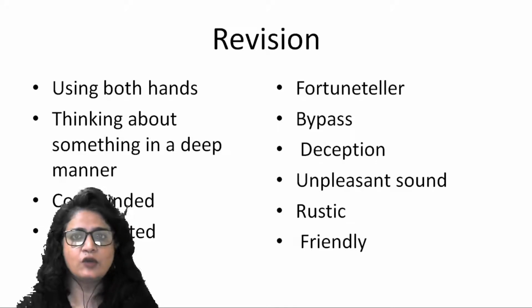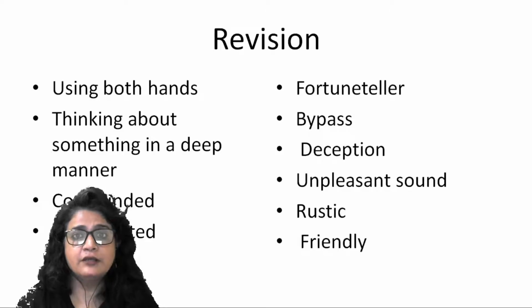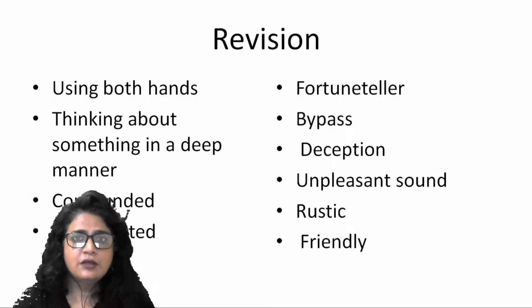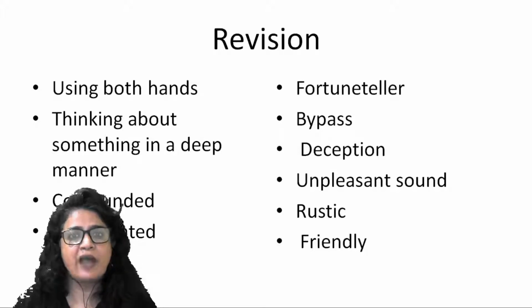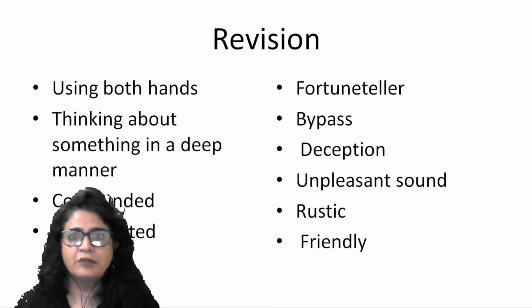Convoluted argument, convoluted play, convoluted plot, it could be anything which is difficult to understand. Fortune teller, so fortune teller is soothsayer and clairvoyant. Two words interchangeably used for those people who have the capacity to see the future and who have the capacity to link between dead souls and people who are alive, right?